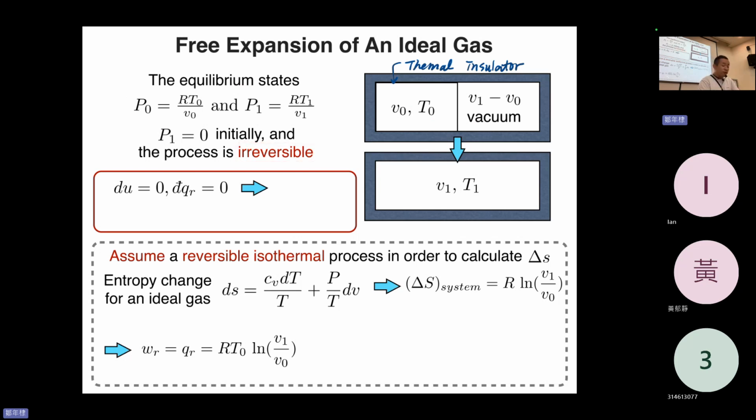It is really difficult for us to make all the atoms go back to the left-hand side without adding work. This is difficult, I mean impossible. So this is irreversible, because after you freely expand, you cannot control all the atoms to go back to the same region without adding work.